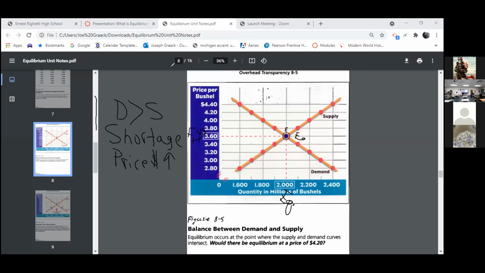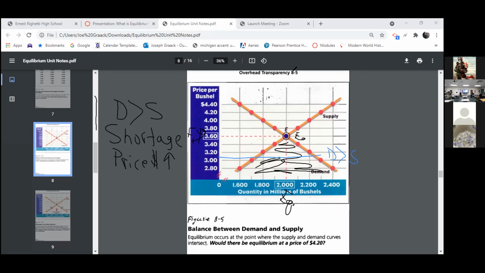Your area of shortage is always going to be below equilibrium. The reason is that if you draw any point below equilibrium and go all the way over, demand is always going to be greater than supply.